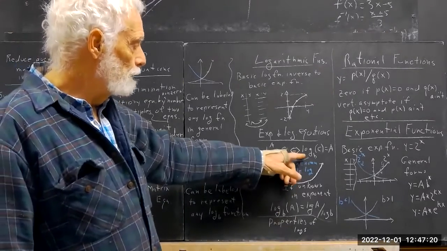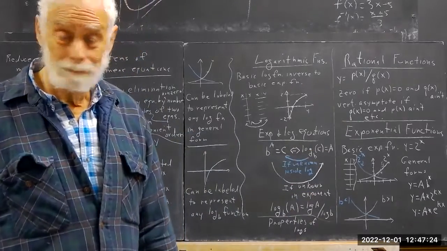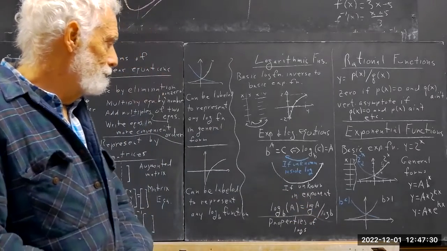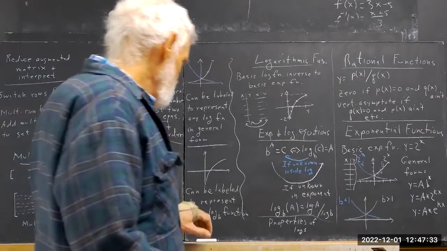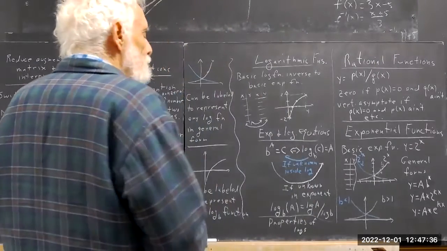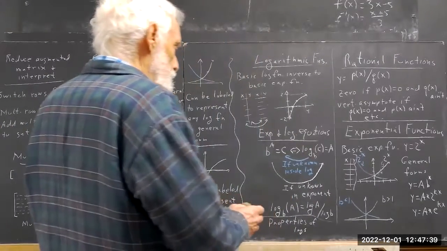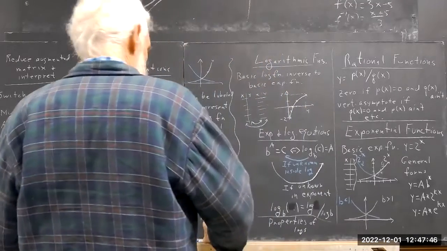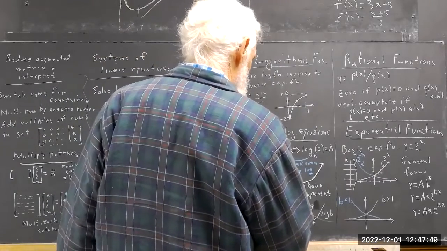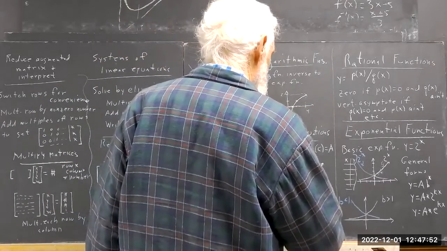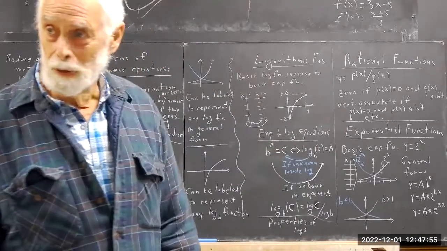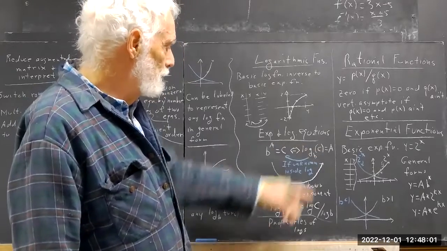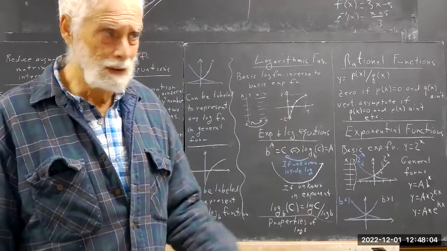B to the A equals C is equivalent to log base B of C equals A. Also, log base B of C is log of C over log of B. I'm keeping my notation consistent with what I have above, so let's say this is true for C as it is for A. If we started with an exponential equation and converted it to logarithmic form, then we have log base B of C, so it makes sense to use C instead of A.